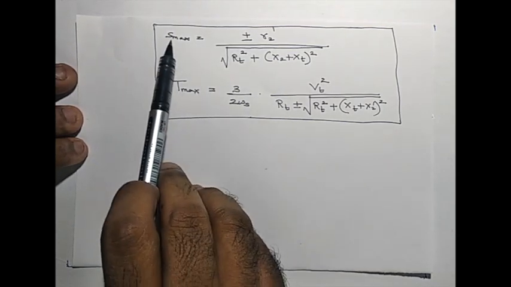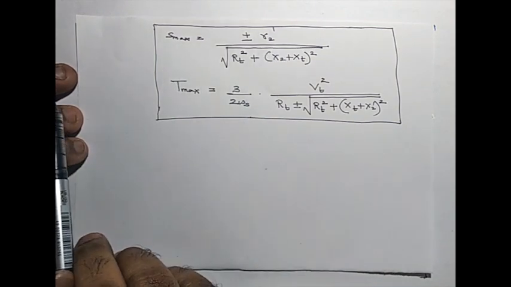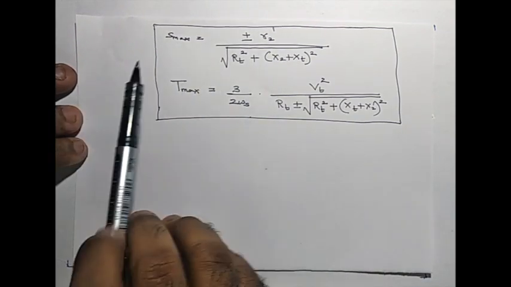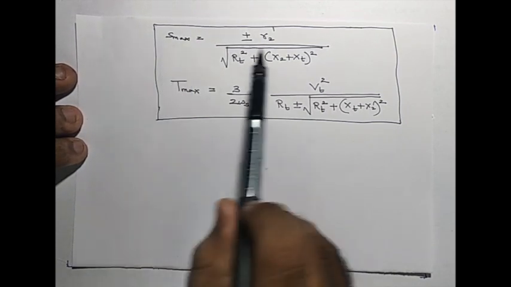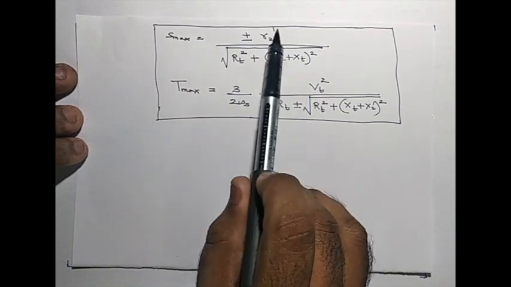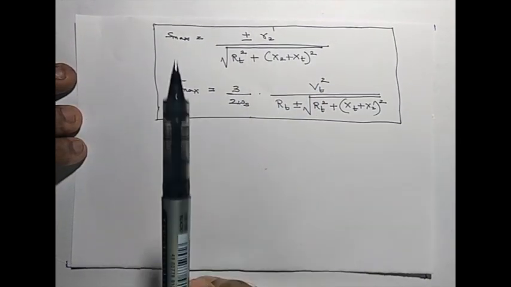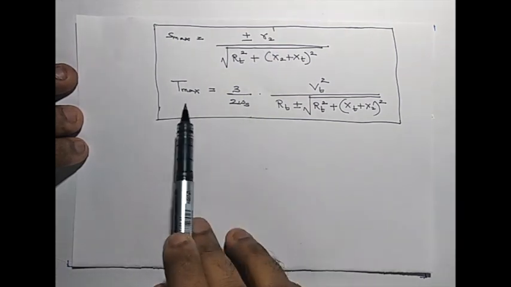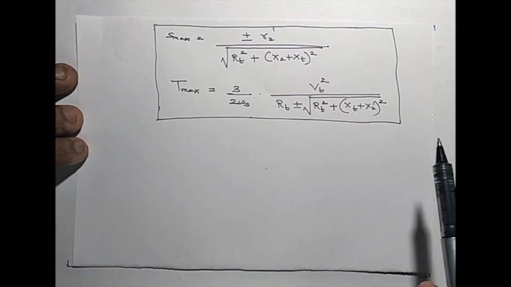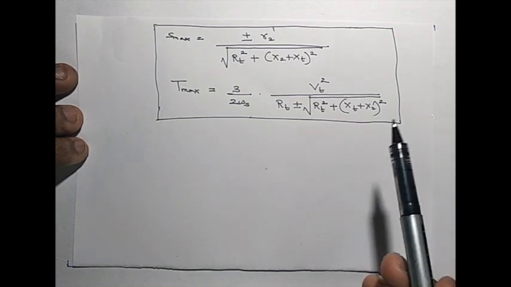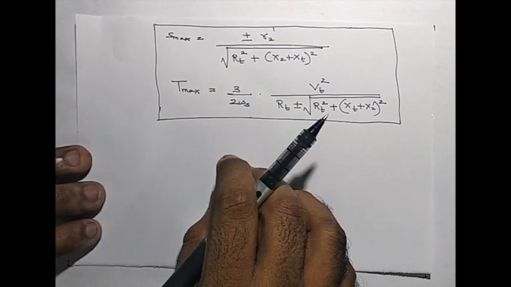However, you can change the speed at which the maximum torque occurs by adding resistance to the rotor circuit. Once again, the slip at which the maximum torque occurs is determined by rotor resistance, whereas the value of the maximum torque is absolutely independent of it. This is an important result to be remembered.